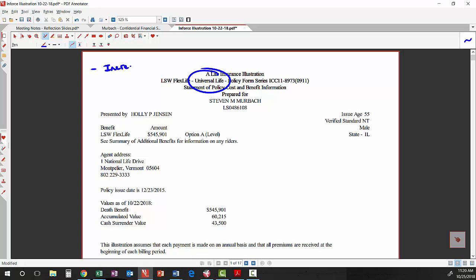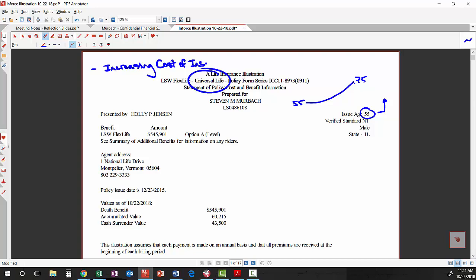They have an increasing cost of insurance. In other words, Steve, you're 55. Every year you get older, your cost of insurance goes up, and it goes up in an exponential way. So you at 55 versus say you at 75, your cost of insurance is going to go like that, right? And it's just going to continue to increase.